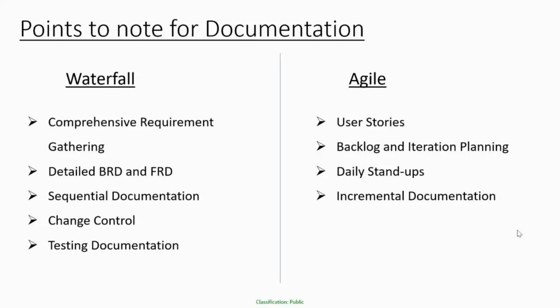Because of the lack of upfront documentation, you will keep working on these points every now and then. You should make sure you're keeping your documentation up to date, and that the entire team is aware and aligned on these updates. How does that happen? By using collaboration tools like Jira. So you need to be a little aware of how that works.